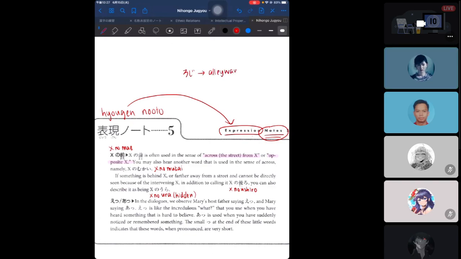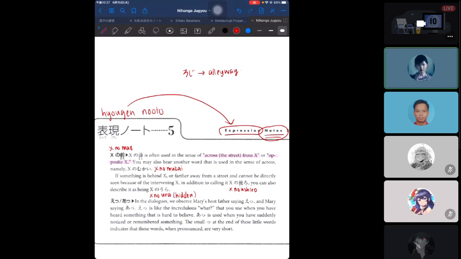But does ura come from the word urami? I have to see if it's the same kanji. It's a different kanji actually, so it doesn't come from there.